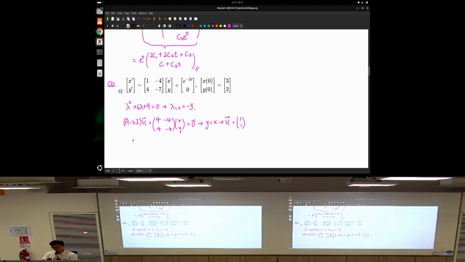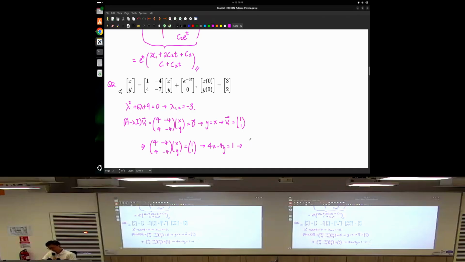So therefore, now we solve for the generalized eigenvector. Solve it from here. So this guy must be 1, 1 then. So if you take any of the rows, you are going to get dependent rows, as you can see, right? So you get 4x minus 4y equals to 1, right? So which means that you are going to, let's say, isolate y. Doesn't matter which one you isolate.